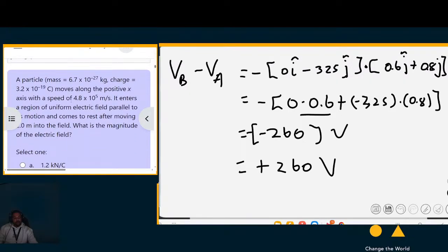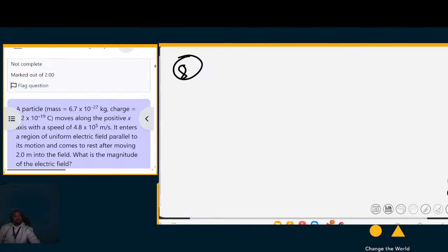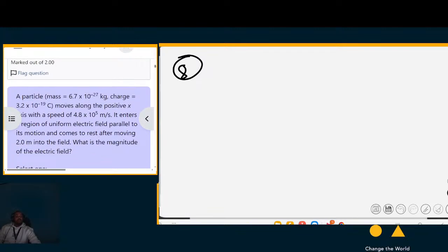Question number 8. A particle with mass, that is a proton, I believe, or is it an electron?